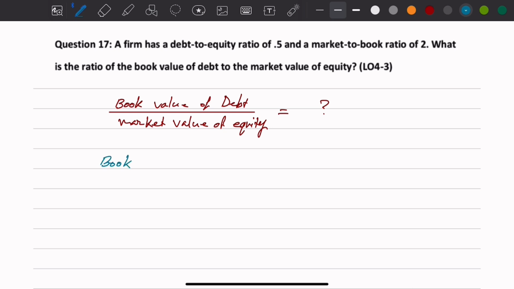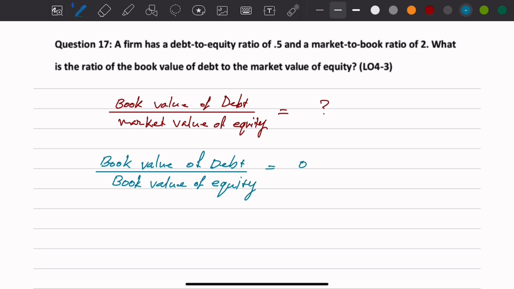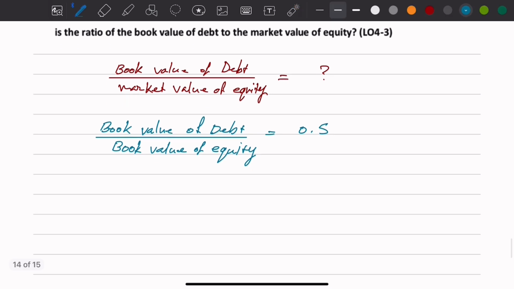Book value of debt to the book value of equity equals 0.5. They also told us that the market to book ratio is 2. So let's also write that down.